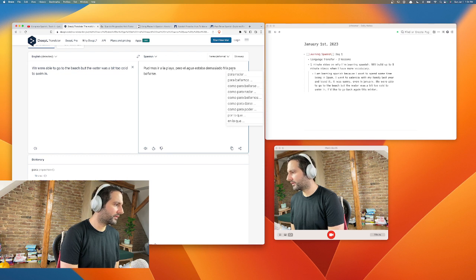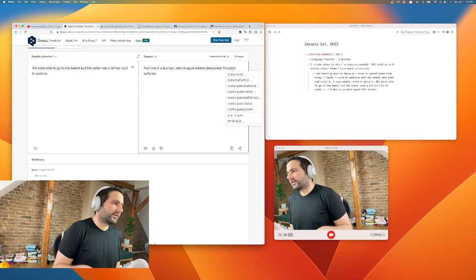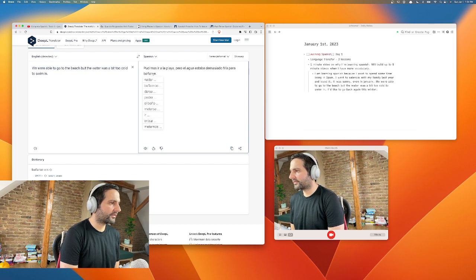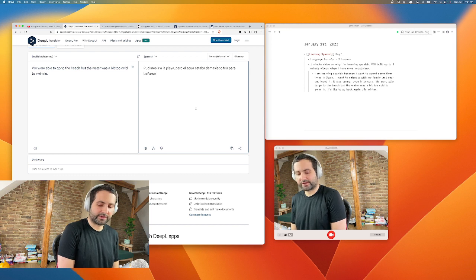Para bañarse. To swim. And this is probably a reflexive verb, like oneself swimming. Bañarse, swim. Okay, pudimos ir a la playa, pero el agua estaba demasiado fría para bañarse.